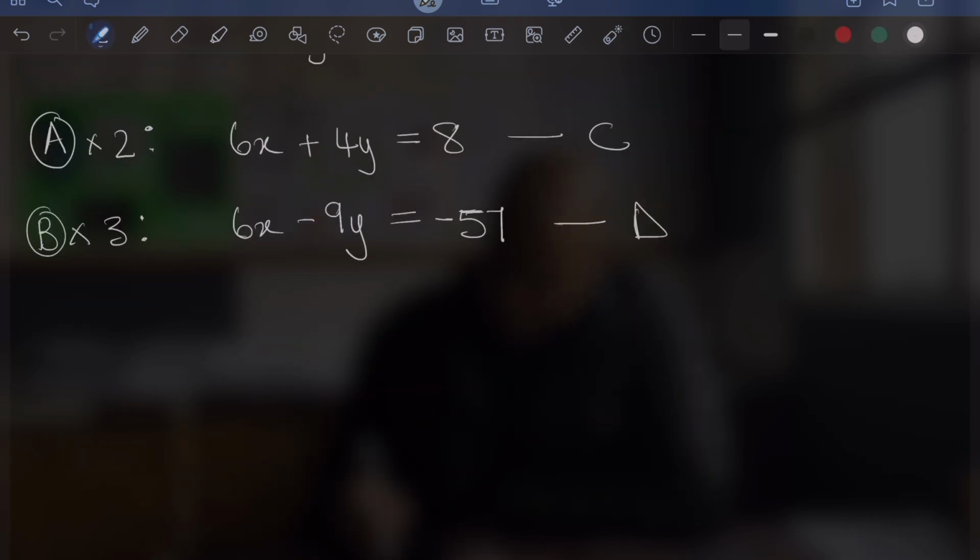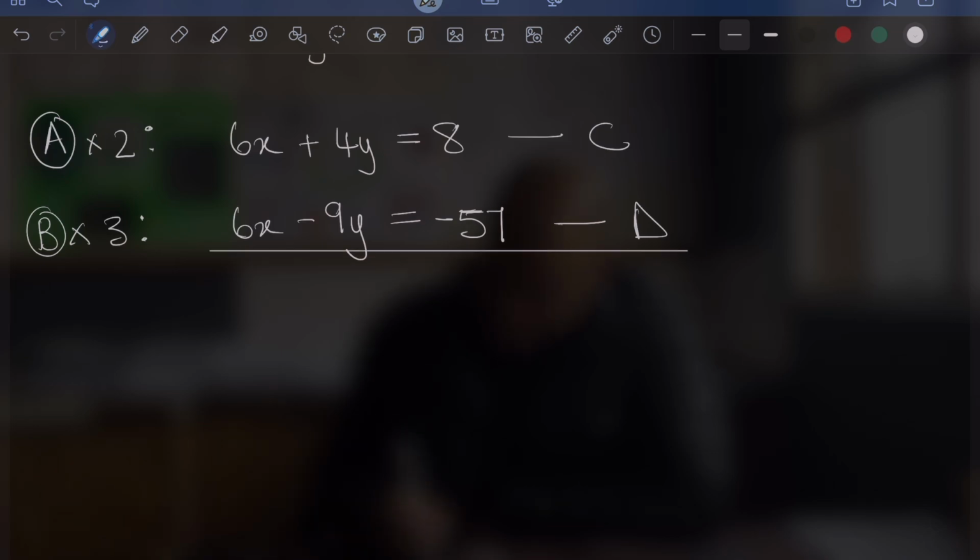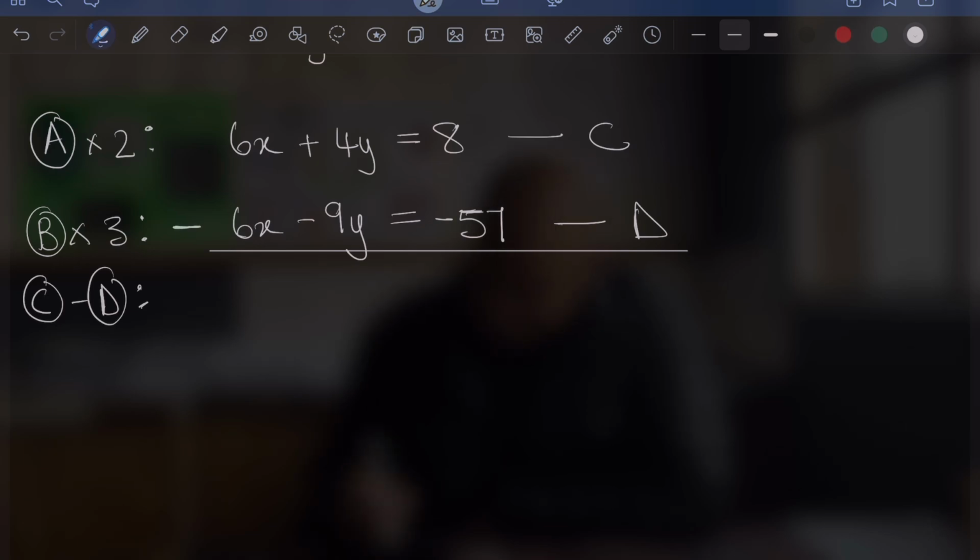So I'm going to go ahead and subtract these two as they are here now. I'll just write on the left hand side here C minus D. I'll put a minus over here. I'll put this in brackets just to note that I'm subtracting this whole equation. So 6x minus 6x gives us 0.